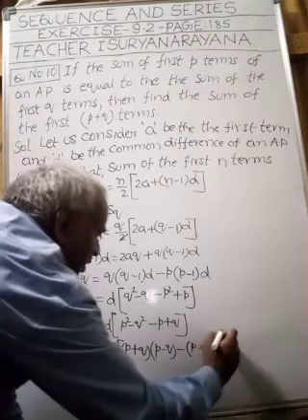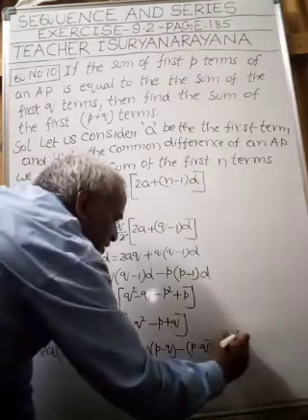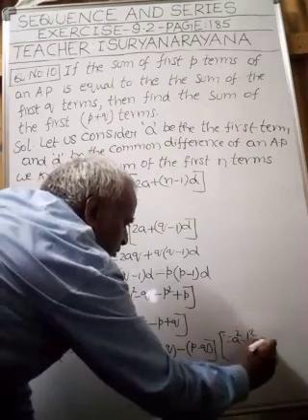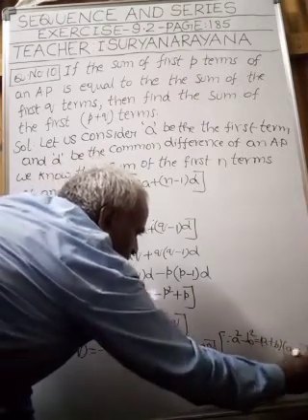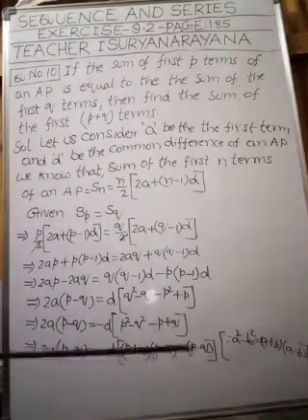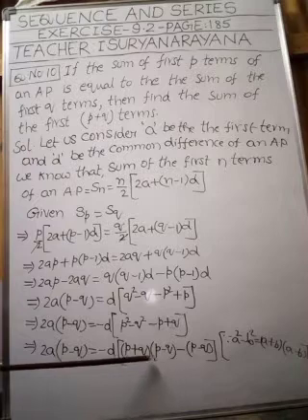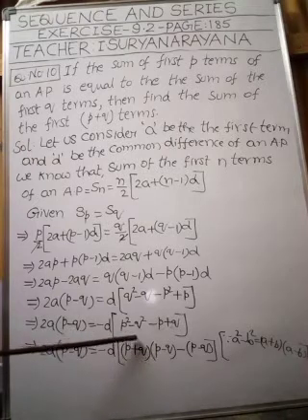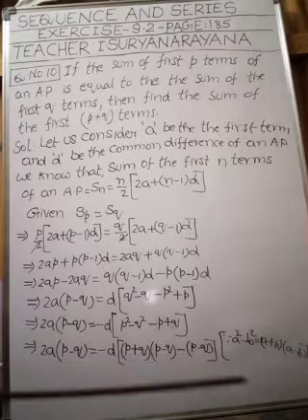Okay, my children, because a square minus b square is equal to a plus b into a minus b. We used this algebraic identity. Then we wrote the two factors for this expression p square minus q square. Understood this step, my children?